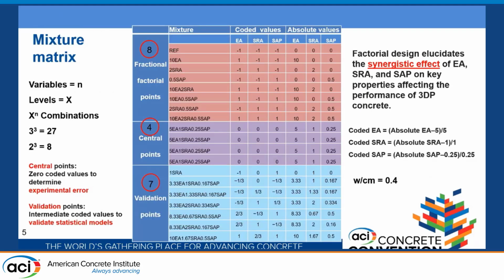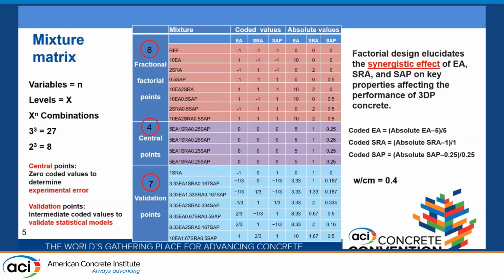So this is my mixture matrix based on the factorial design and fundamentals I discussed. I had 3 variables at 3 levels. The variables were shrinkage mitigating materials, and so in common experimental work I would have 27, but I used fractional factorial design to reduce the number of experiments.